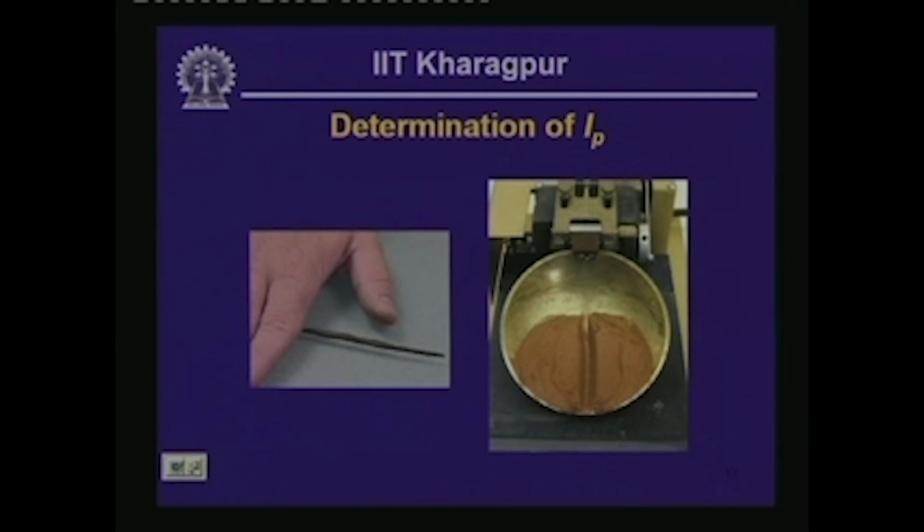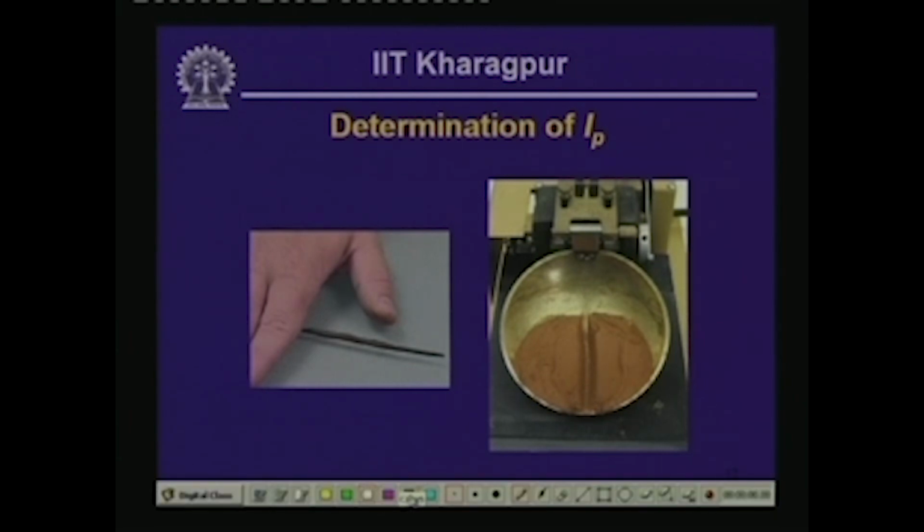using an instrument called the Casagrande apparatus, and a picture of it is shown on the right hand side of this slide. Here you have a brass bowl, and you create a clay pat within the brass bowl. You cut a groove in the clay sample, and then the bowl is bounced on a hard rubber base. So, this one here is a hard rubber base.